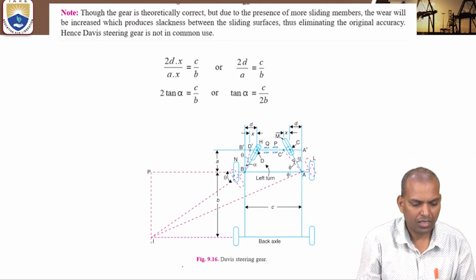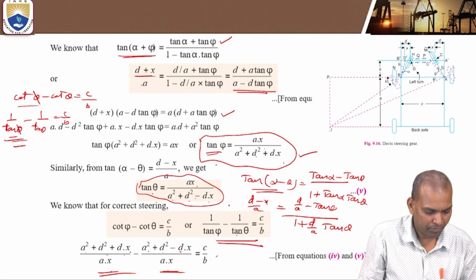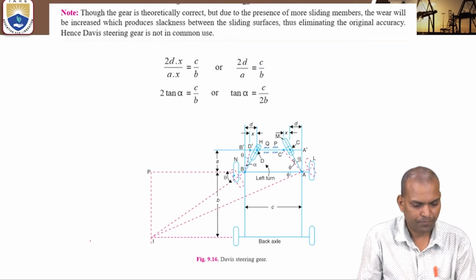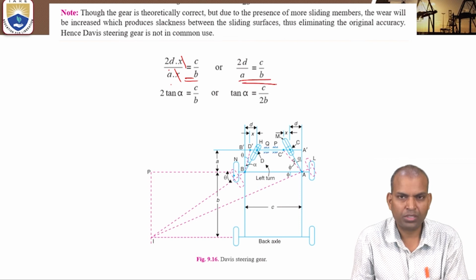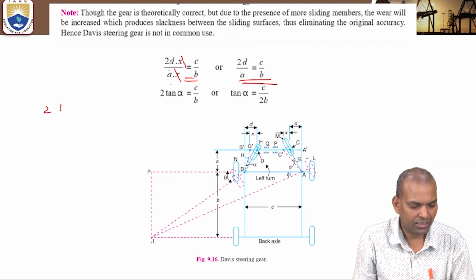After simplification, a square and d square will be cancelled. Then it becomes 2 times dx by ax. 2 dx by ax equals c by b. Now x cancelled. 2d by a equals c by b. Now what is d by a? That is tan alpha. 2 times tan alpha equals c by b. Now tan alpha equals c by 2b.